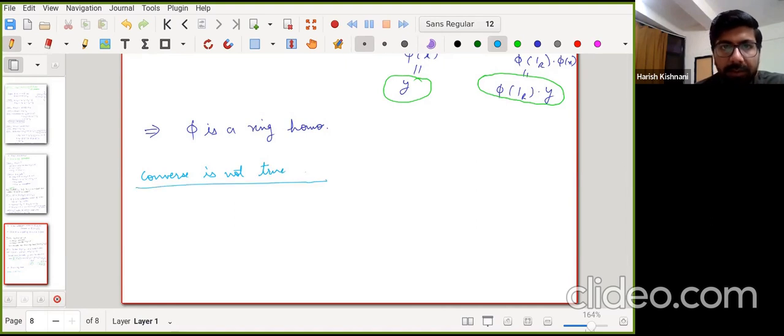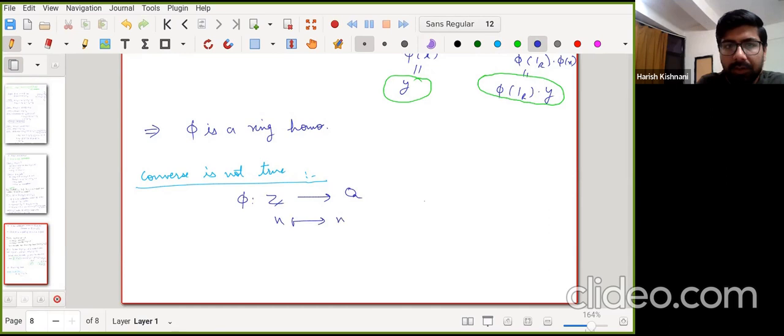The converse is not true because you can just see this map. Phi from the ring of integers to the ring of rational numbers, even though it's a field, mapping n to n.